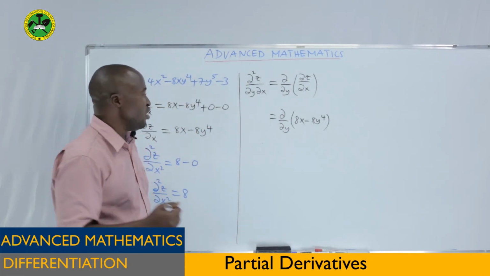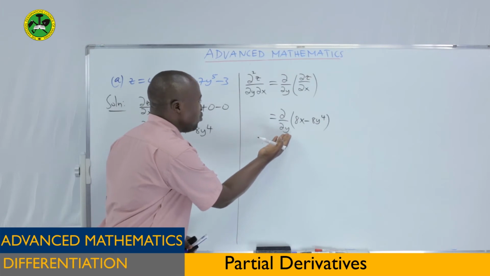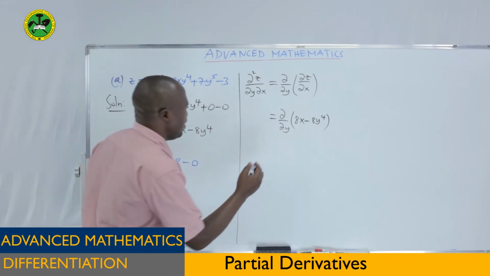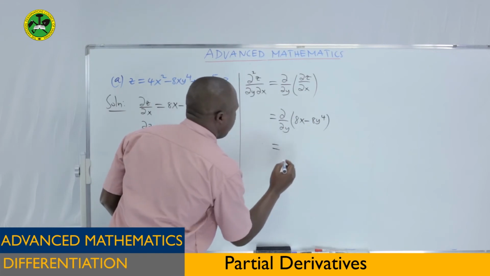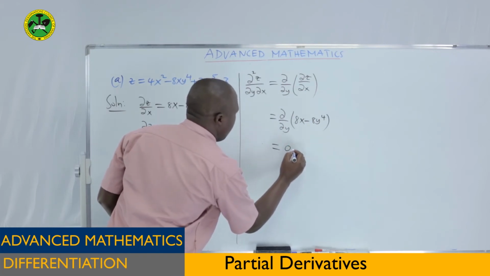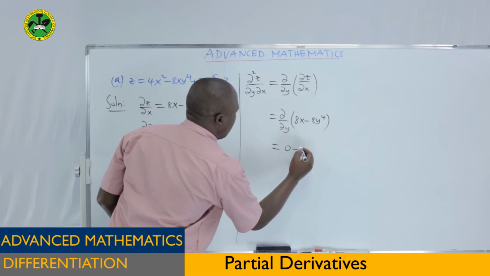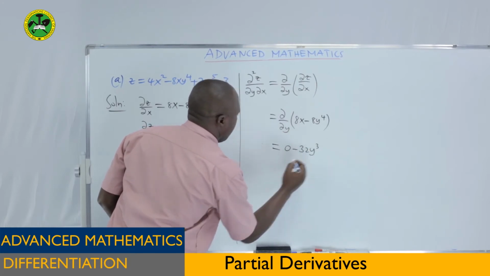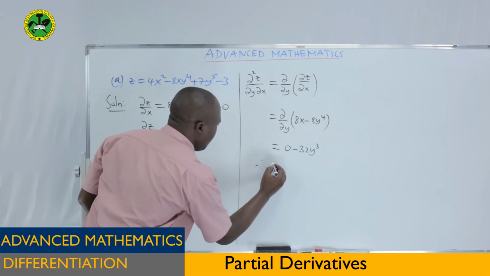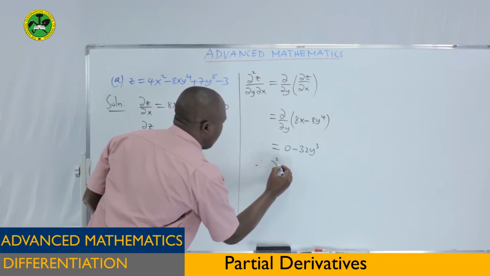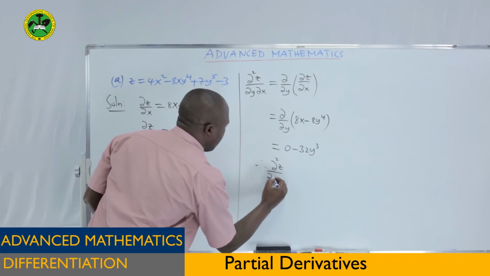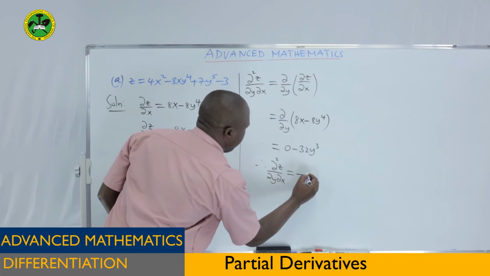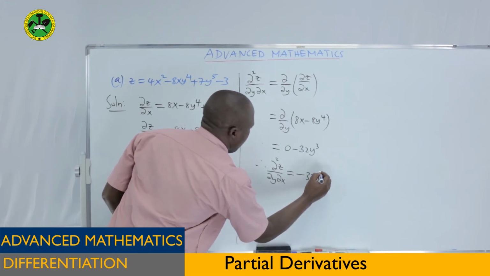Since we are differentiating with respect to y, x is constant. So here we are going to have 0 minus, that one will be 32y power 3. So in this case, the second order partial derivative of z with respect to y and x is equal to negative 32y power 3.